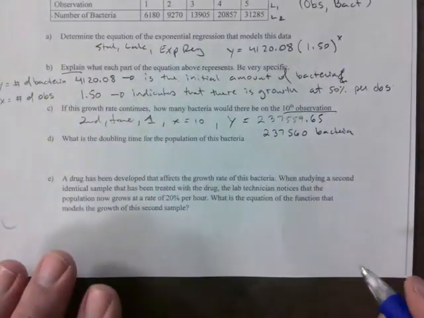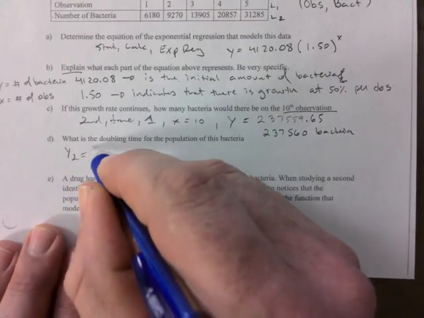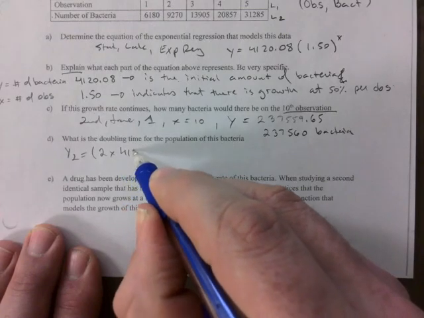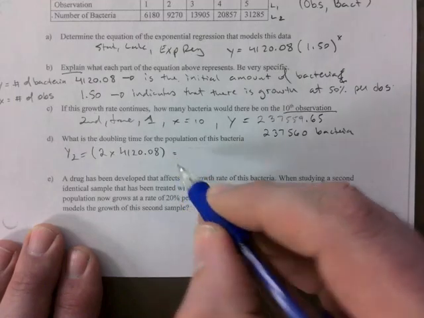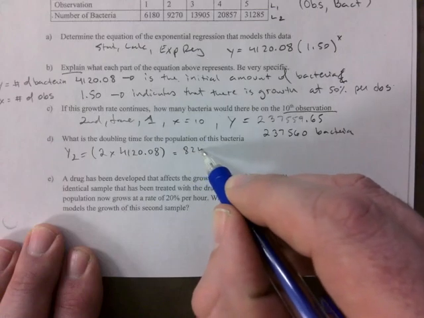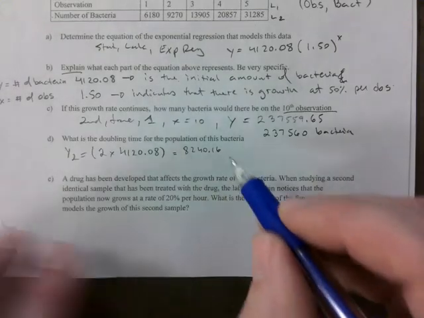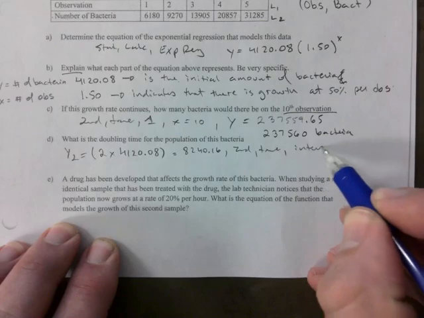What's the doubling time of the bacteria? You let Y2 be 2 times 4120.08. That's essentially what I'm going to do. So Y2 is 8240.16. And then we go second, trace, intersect.